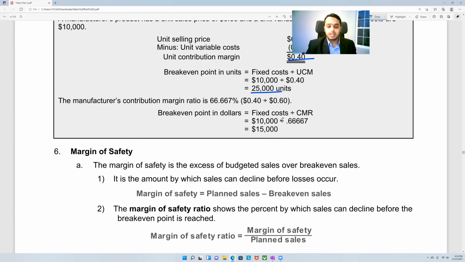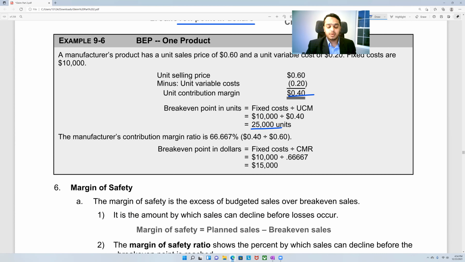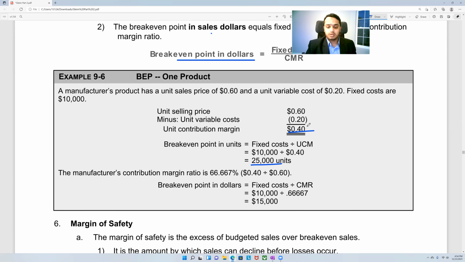Now, here what you did is find that your contribution ratio 0.4 divided by 0.6 is 0.666667, and you divided the fixed cost by it, and you got an amount in dollars. That's the amount in dollars which you have. Suppose we have these 25,000 units, can we directly multiply this with 0.60? What will we get? We'll get 15,000 only.